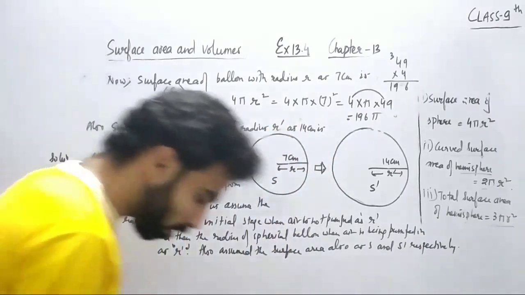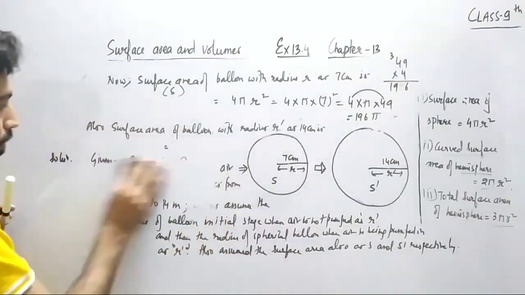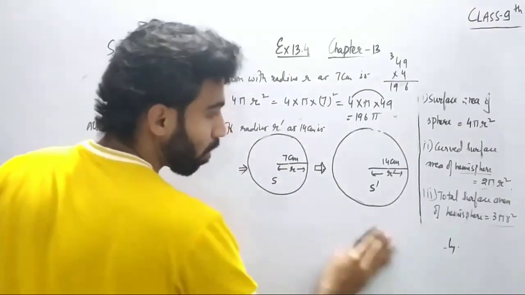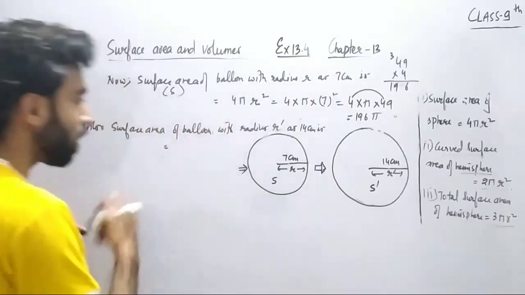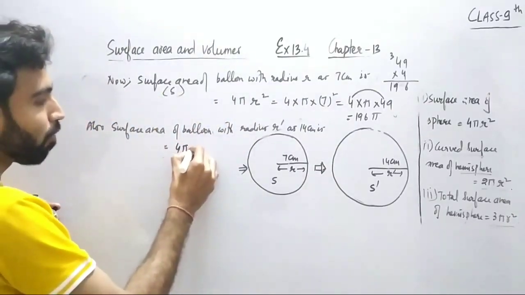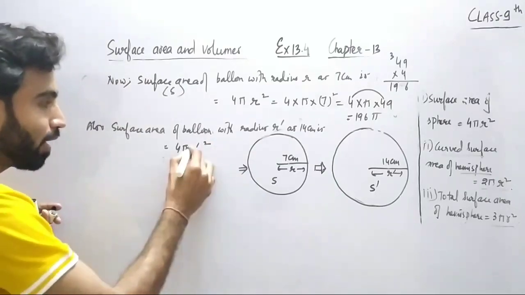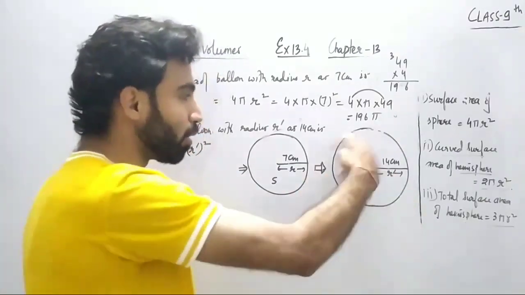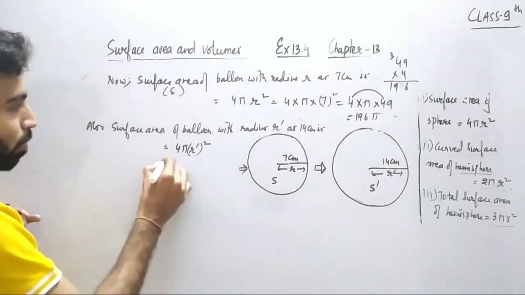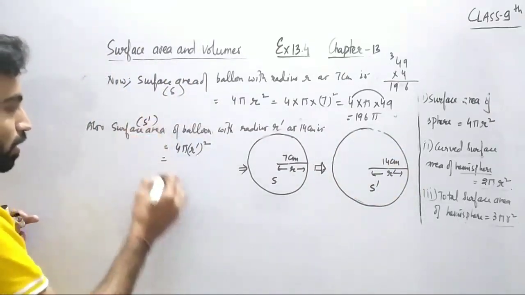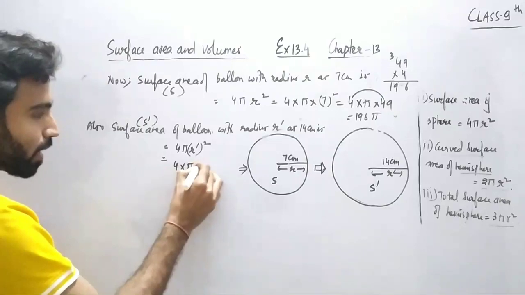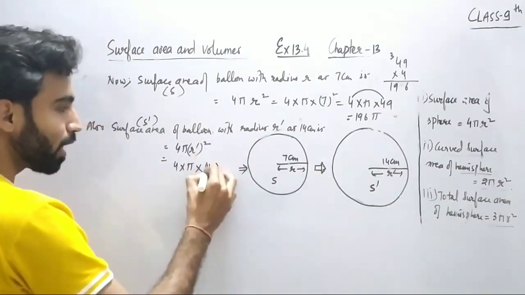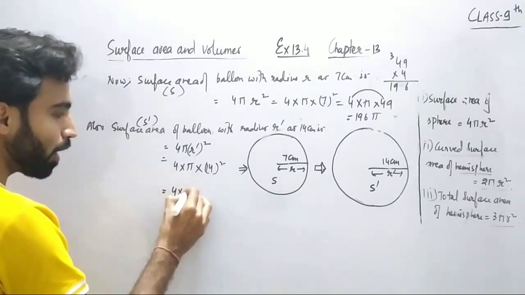So now if I just rub this down, so you can see here again the formula will be the same, 4 pi r dash square, right? So यहाँ पे आप देख सकते हैं रेडियस अब कौन सी है आपकी r dash इस बैलून की, right? So that will be, and the surface area is s dash. So यहाँ पे 4 into pi as it is रख लीजिए, r dash कितना आपके पास? That is 14 centimeter. So 14 square.